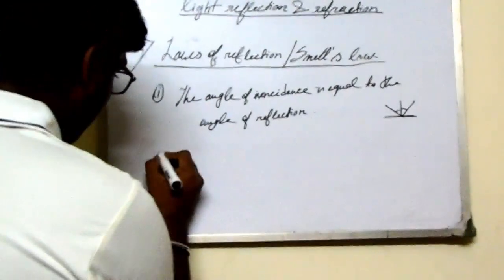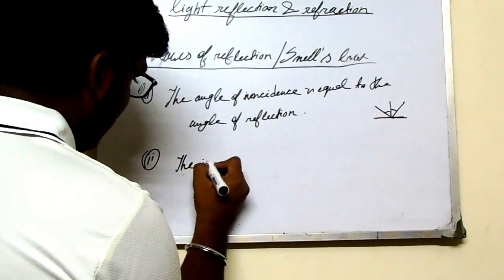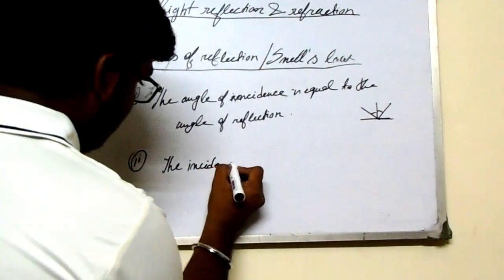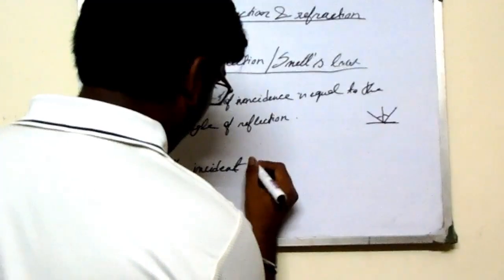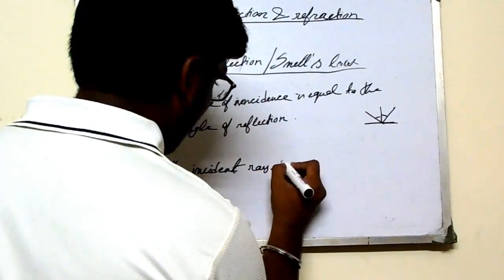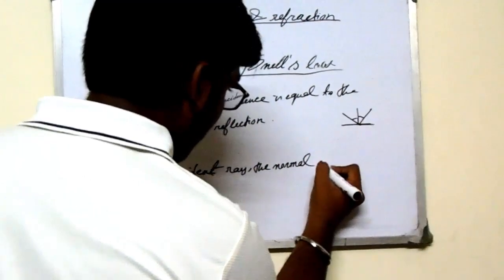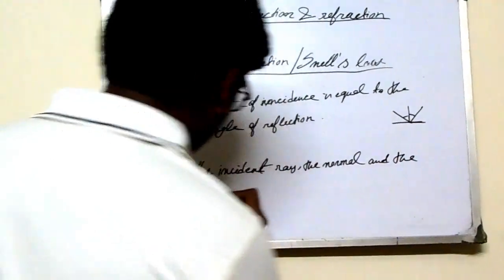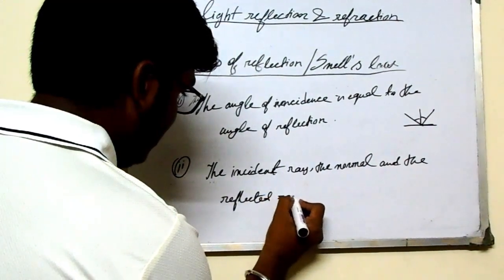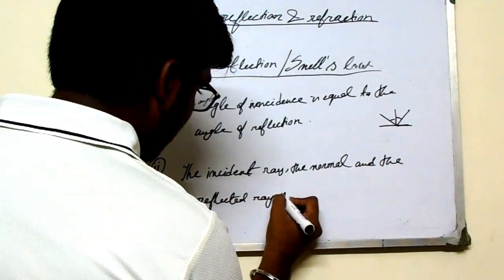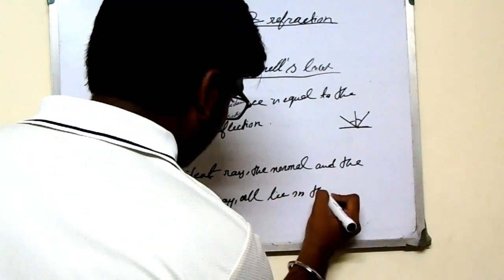So the second law is that the incident ray, the normal and the reflected ray all lie on the same plane.